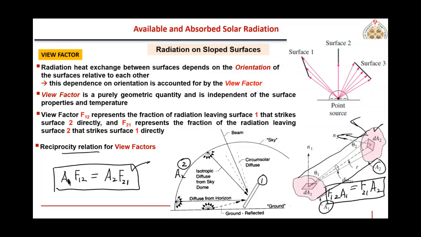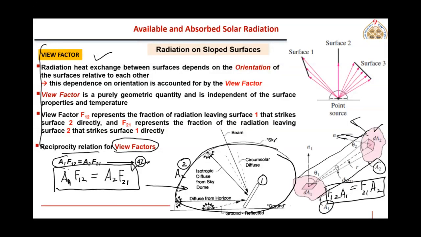So we shall use this correlation of view factors to solve this situation. This is just a brief introduction about view factor, and we shall be using this law of view factors and apply it here.